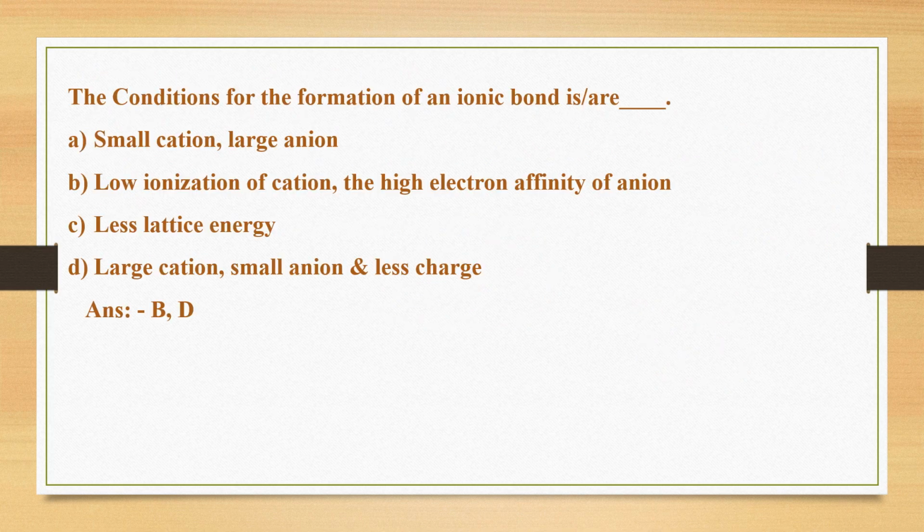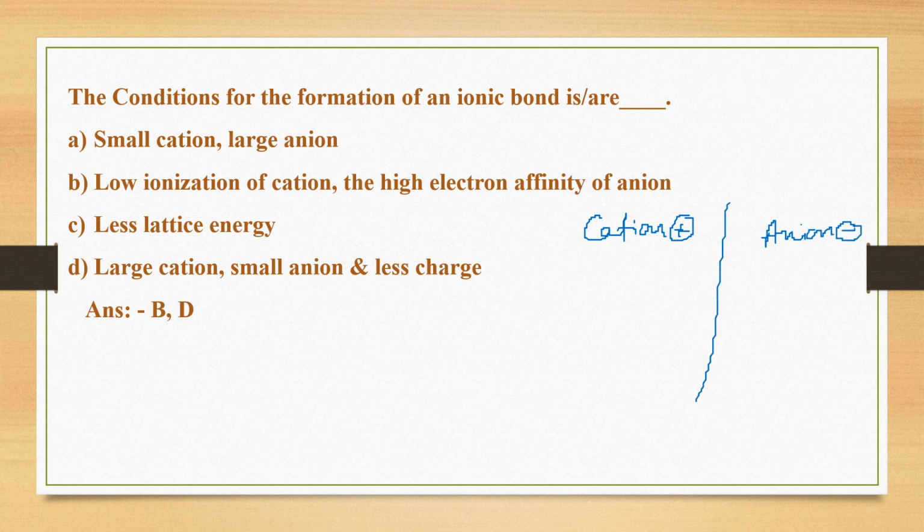That is, the conditions for the formation of an ionic bond. So first, what are the conditions? We'll go through them one by one. A small cation, a large anion. What do we mean by favorable conditions? Suppose I give you a cation and an anion. An ionic bond is nothing but one metal atom being ready to donate, which we call a cation, and an anion being ready to accept.